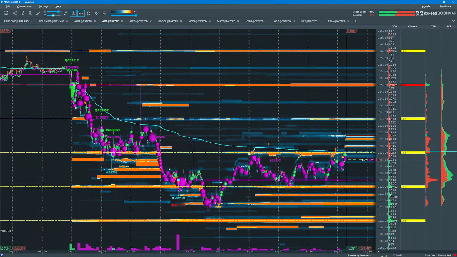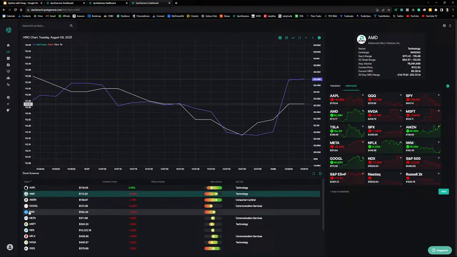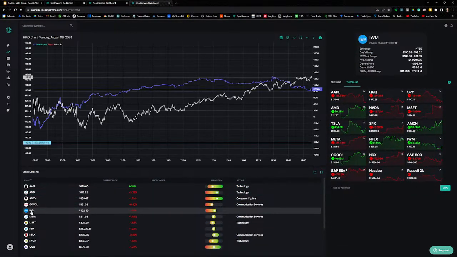And one other thing I want to take a look at is, let's go back to Hero. I'm going to jump down to IWM. I don't have IWM in Bookmap, but this is interesting. Let me take a look at one thing.